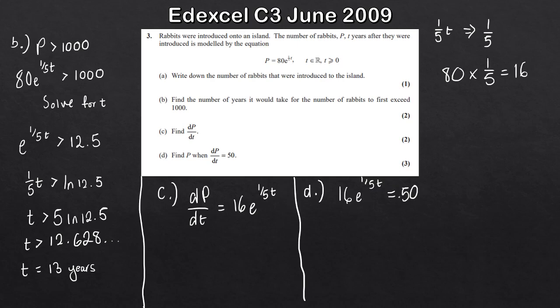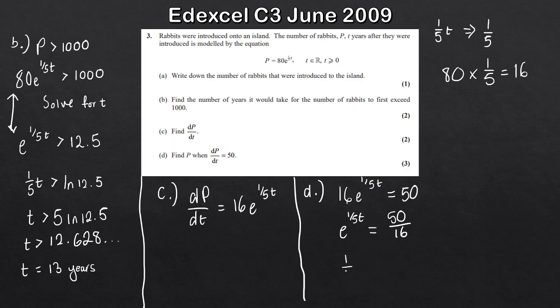So straight away divide both sides by 16, similar to what we did here, with these 2 lines of working. So that's e to the 1 over 5t is equal to 50 over 16. I'm just going to keep it exact this time round, just to make life a bit easier. Again, just like we did here, we're going to bring this 1 over 5t down.